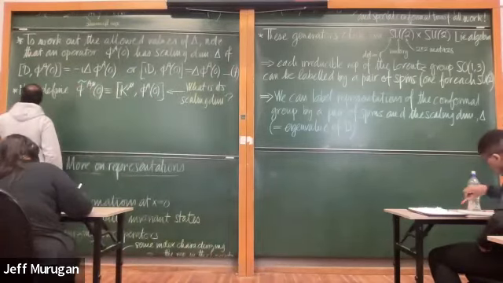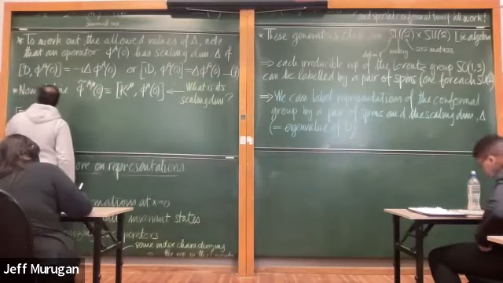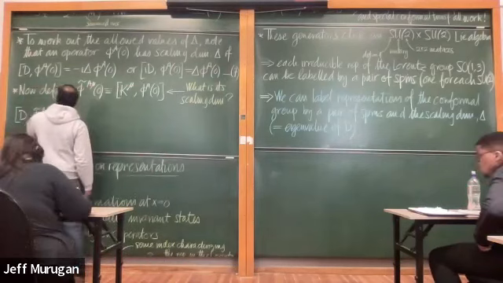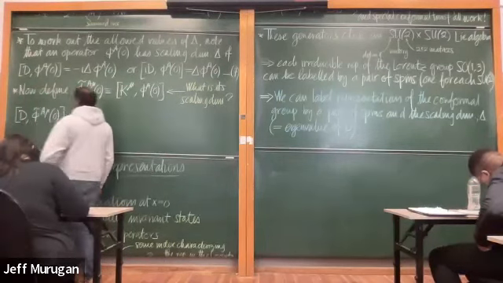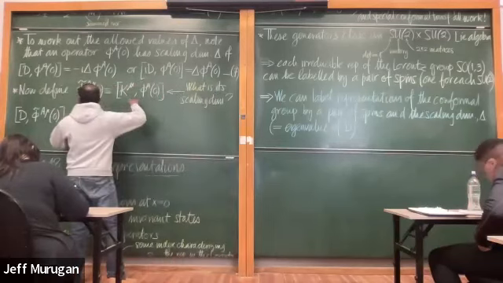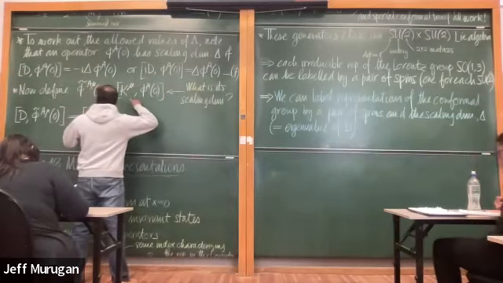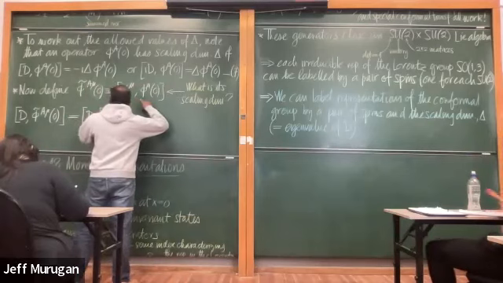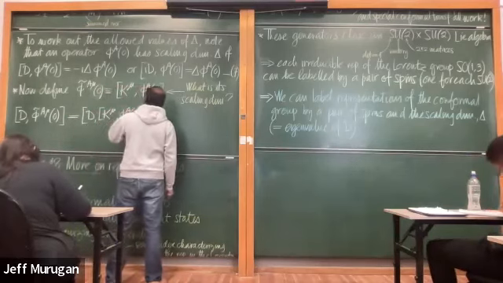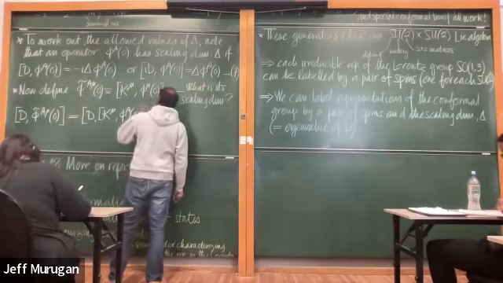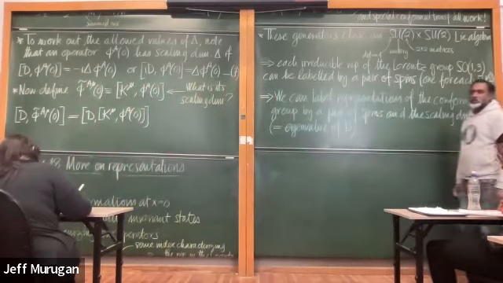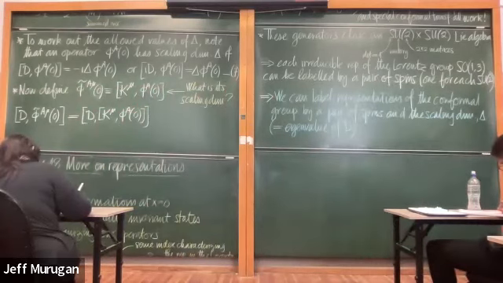Calculate D with phi tilde. This is the commutator of D with the commutator of K mu with phi A. But commutators are like derivatives in that they obey the product rule.